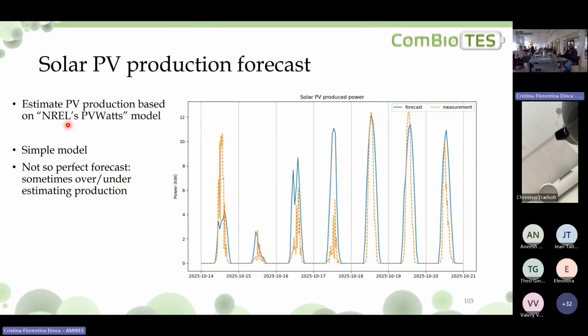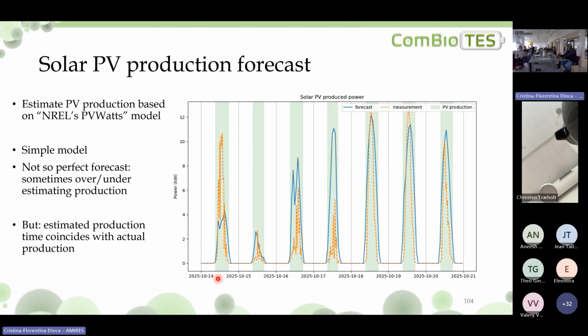We use a simple PVWatts model to estimate the PV production from the solar panels. And we see that this simple model is sometimes overestimating, sometimes underestimating, sometimes it estimates well. But more importantly, the timing of the production coincides very well.